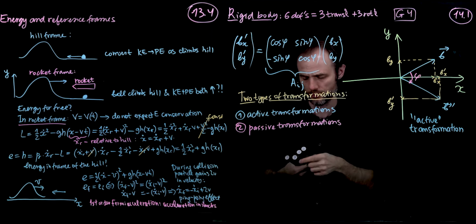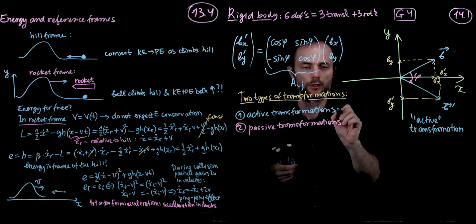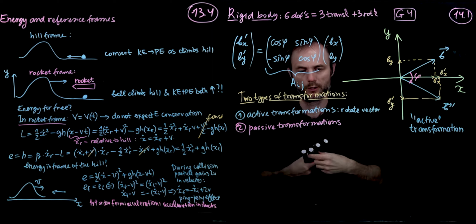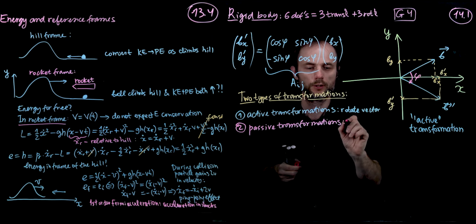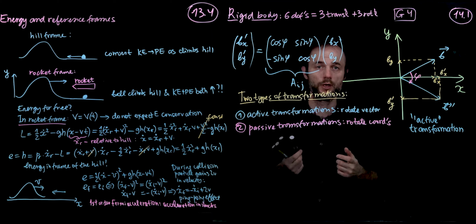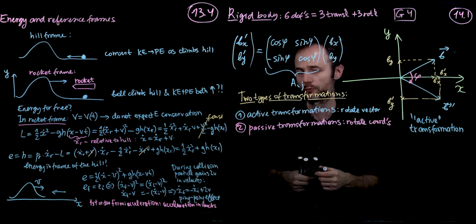So what's the difference? Here we rotate the vector, and there we rotate the coordinates. So that is the main difference between these two.